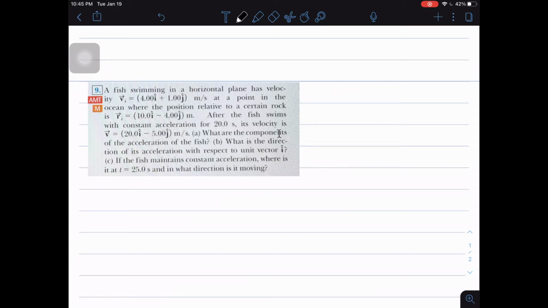Now, after the fish swims with a constant acceleration for 20 seconds, its velocity now, so that's the final velocity, is 20i hat minus 5j hat meters per second. Now we're looking for the components of the acceleration of the fish, the direction of the acceleration, and if the fish maintains constant acceleration, where is it at time equal to 25 seconds, and in what direction is it moving?